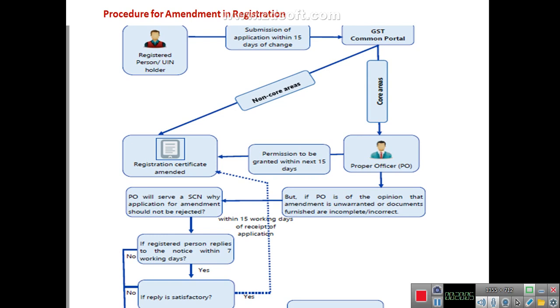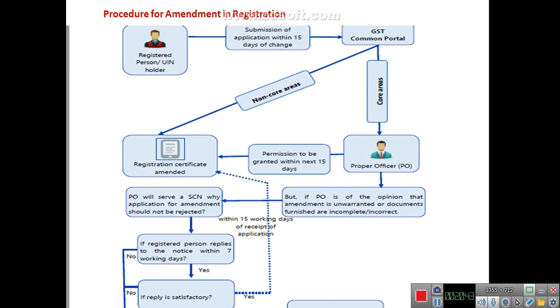If at any point of time the registered person wants to make any changes or amendment in the registration, he may apply again on the GSTN portal within 15 days of change. If there is any change in the information submitted by the registered person to the authority, he may file an application within 15 days of change.